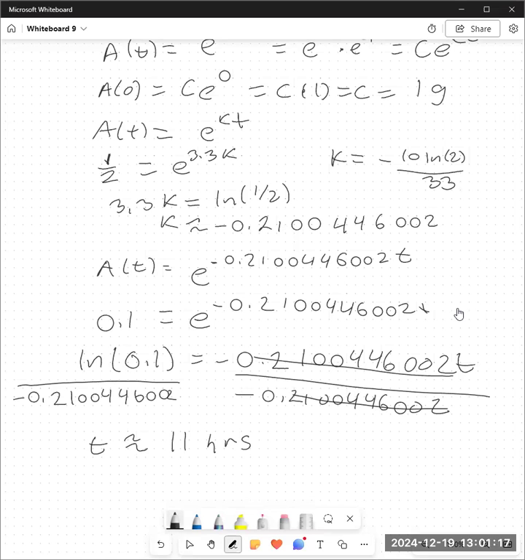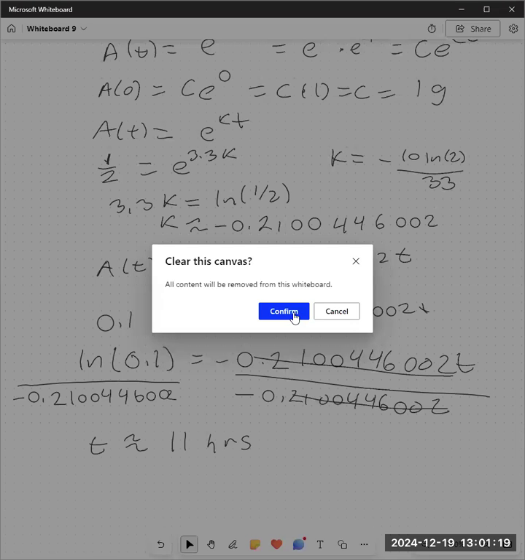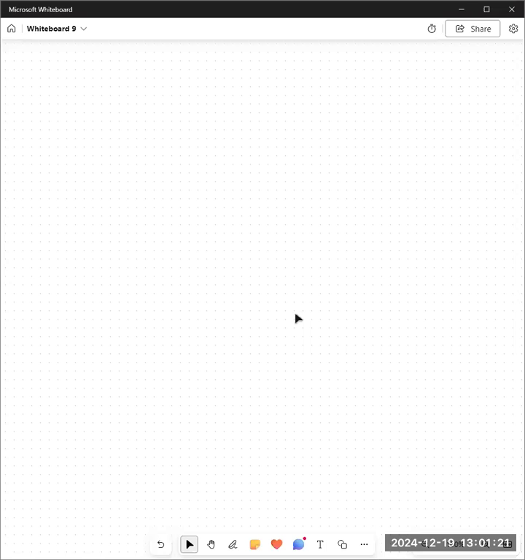All right, let's move on to number 7. Number 7 tells us to use information from number 6, which I'll copy for you. The initial amount is 100 milligrams of a radioactive substance. After 6 hours, the mass is decreased by 3%.